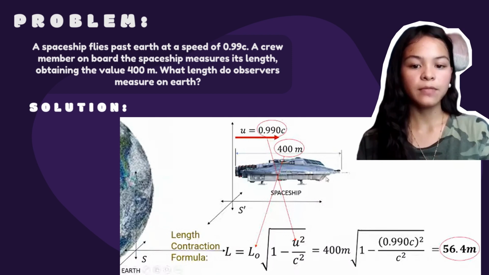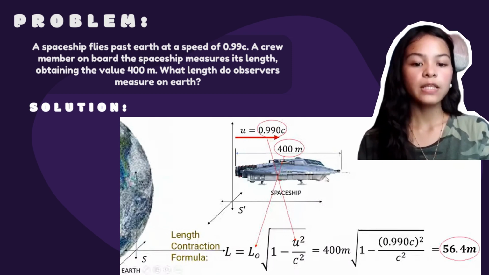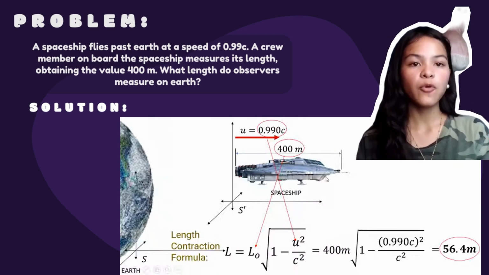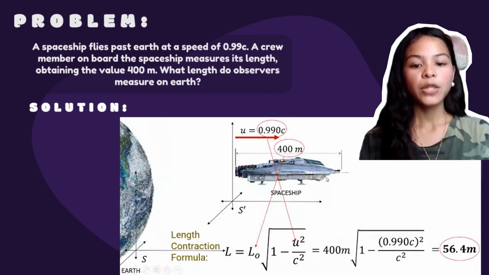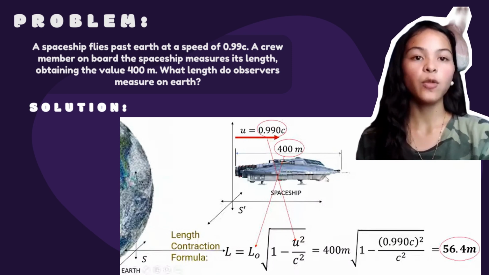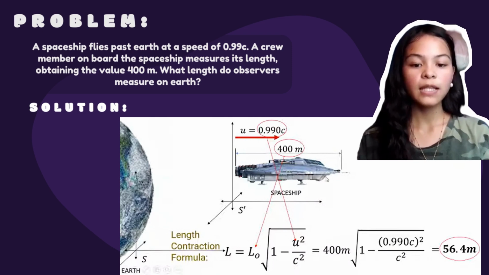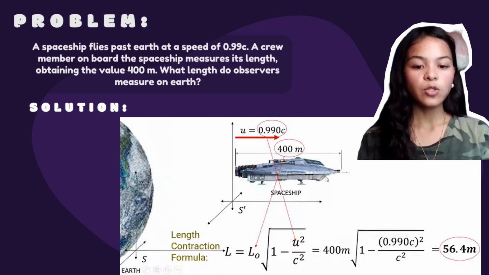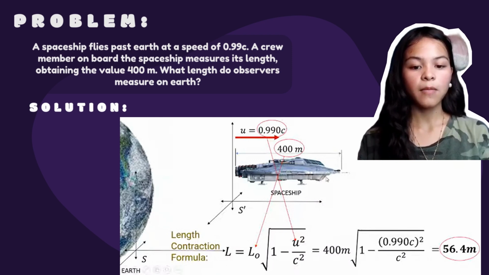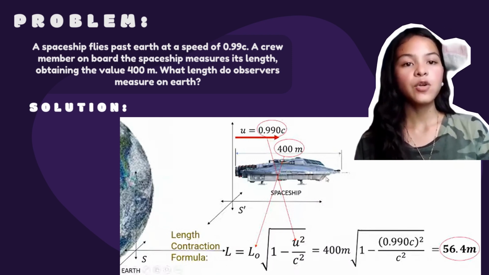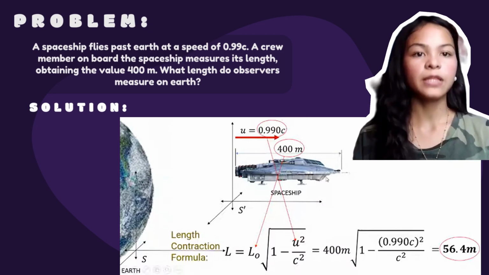In squaring this, we distribute the exponent, so 0.99 squared, and c squared will be cancelled out. Now, we have 1 minus 0.99 squared, then square root and multiply it by 400. The answer would be 56.4 meters.